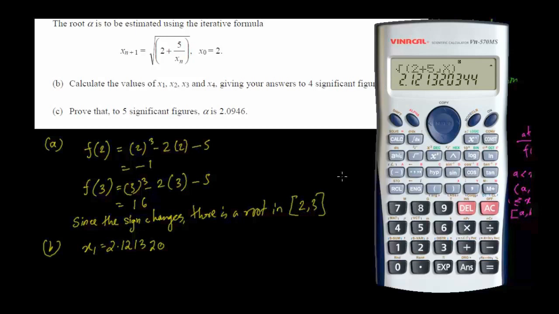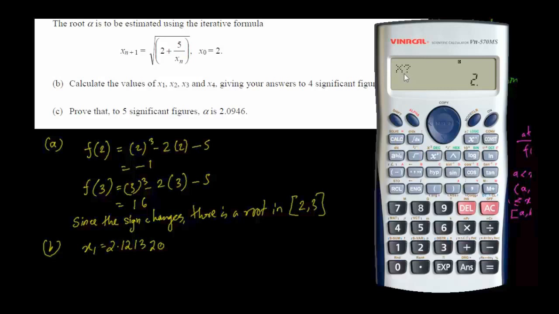So the next one, now remember, once I press the equal to sign, the calculator by default stores that answer, 2.121320. It has been stored by default. So we now have the value of x1 stored in the calculator as answer. If you press the calc button again, you have this question mark.